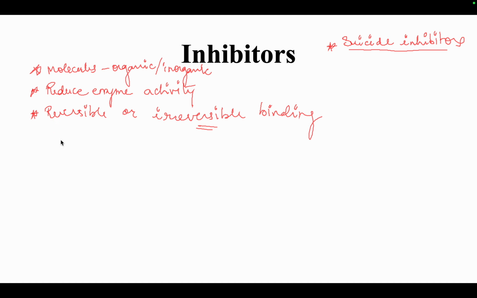And then we have reversible inhibitors. These bind reversibly to the enzyme and they do not completely modify the enzyme. This is very important: inhibitors should not completely disrupt or denature the enzyme structure, that is, the protein's 3D conformation should not be denatured.